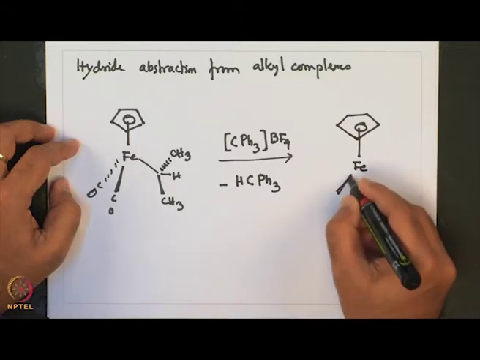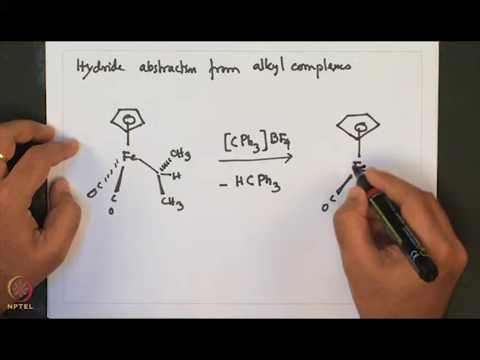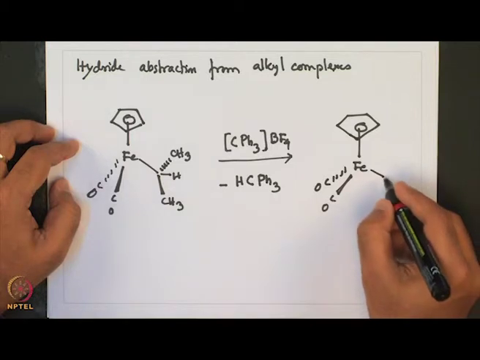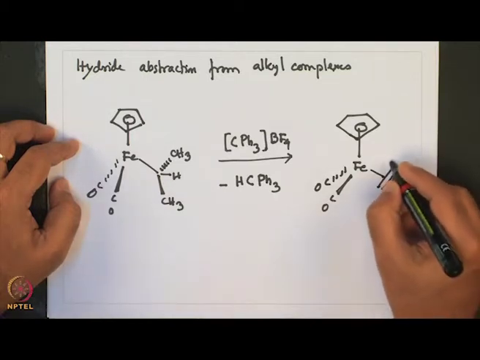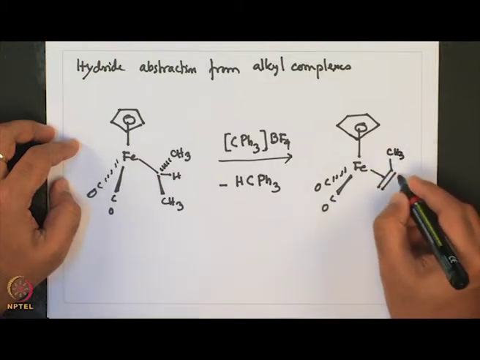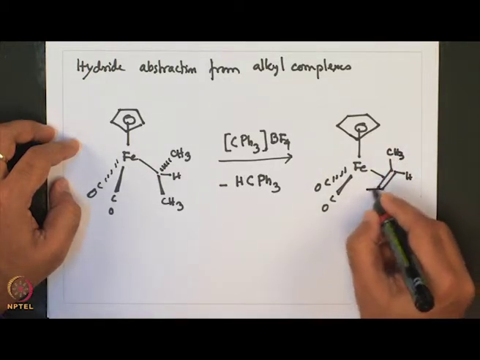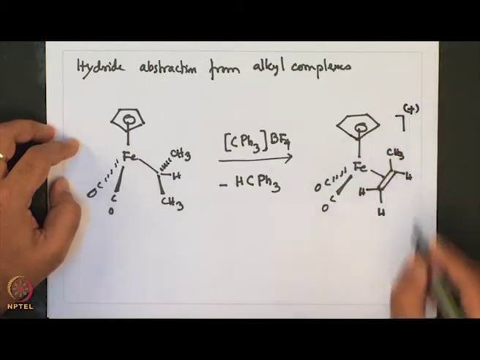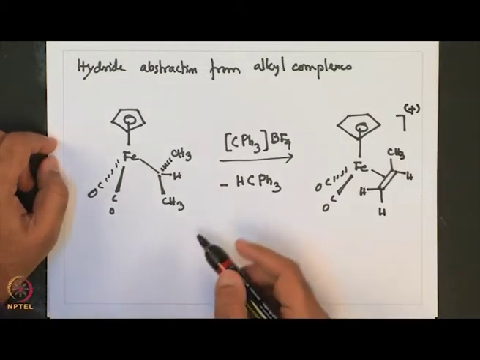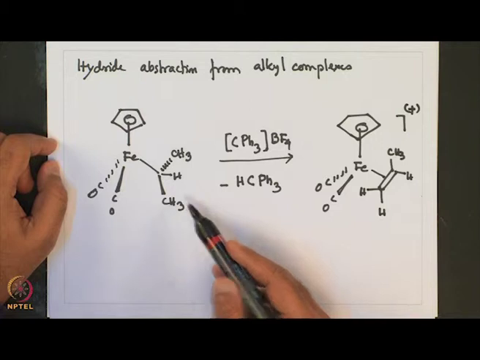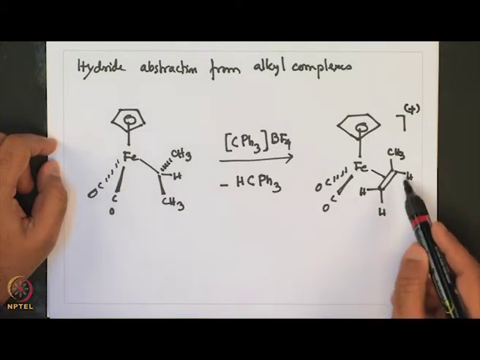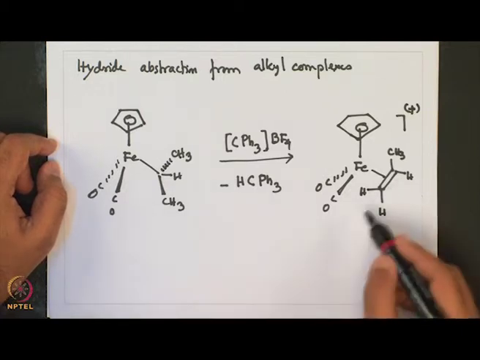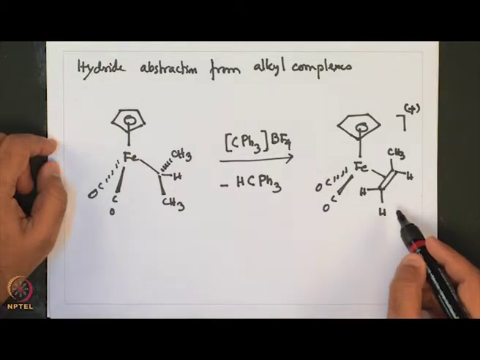Fe, CO, CH3, H cation. So, we see that hydride abstraction can lead to the olefinic complex as over here, and this is an interesting reaction whereby a transition metal olefin complex is formed.